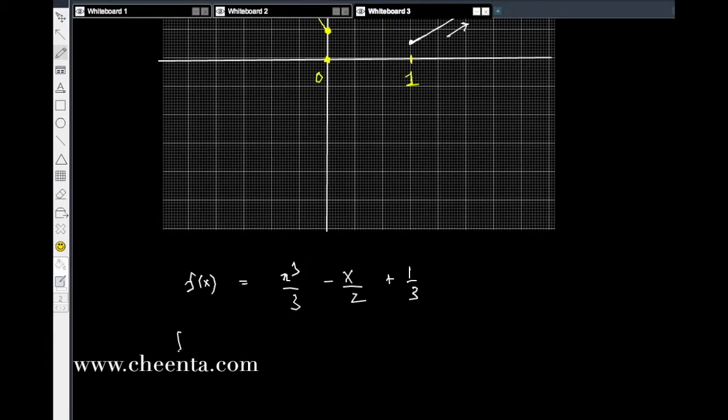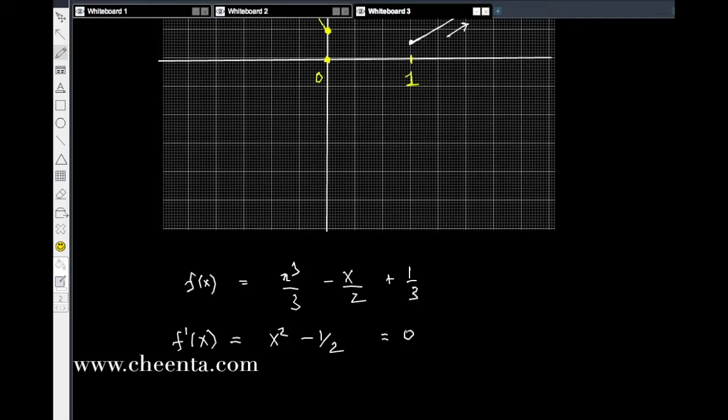If we take the derivative, we get x square minus half. So let's find out where this derivative becomes 0 to find the extrema.